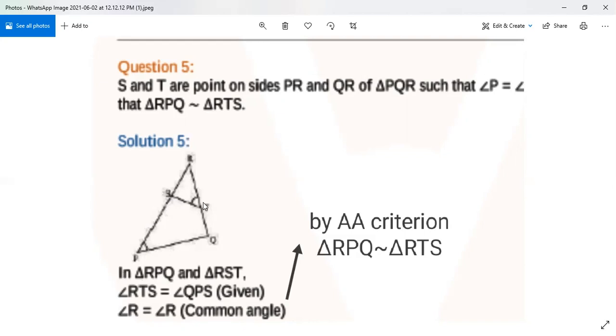Okay. So the question is not difficult, proof is not difficult. It's only that they have not given you the figure. So you just have to learn how to make the figure. If you get the figure right, you are getting the proof in 2 steps. So in the two triangles, we have got two angles equal. So by AA criteria, these two triangles are going to be similar.